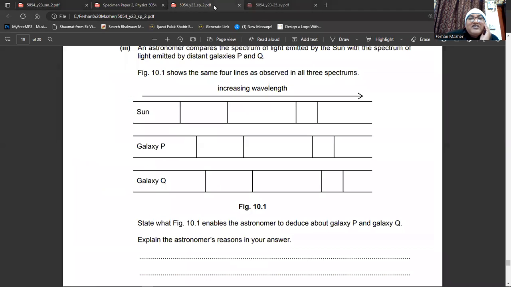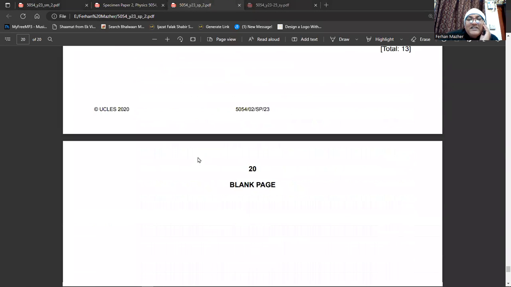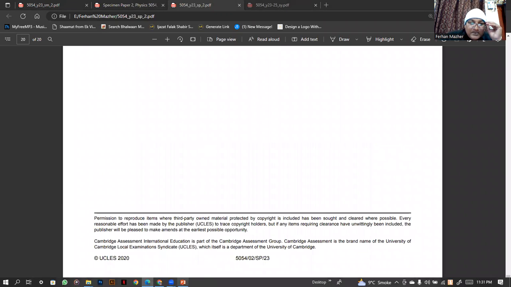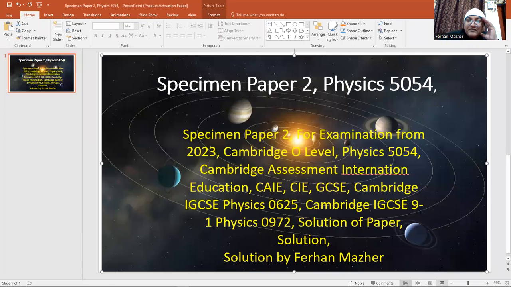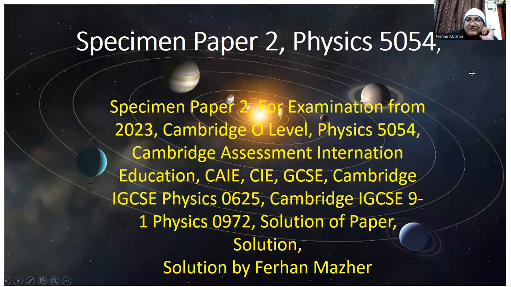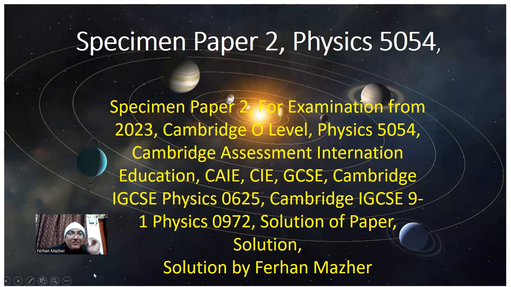So, my dear students, we have completed this paper. The paper is over. We have completed this specimen paper 2. You see, the last question, number 10, we have discussed the answers at length, because this is a very brand new topic which is added into the Cambridge Physics 5054, and our students have not yet studied it.